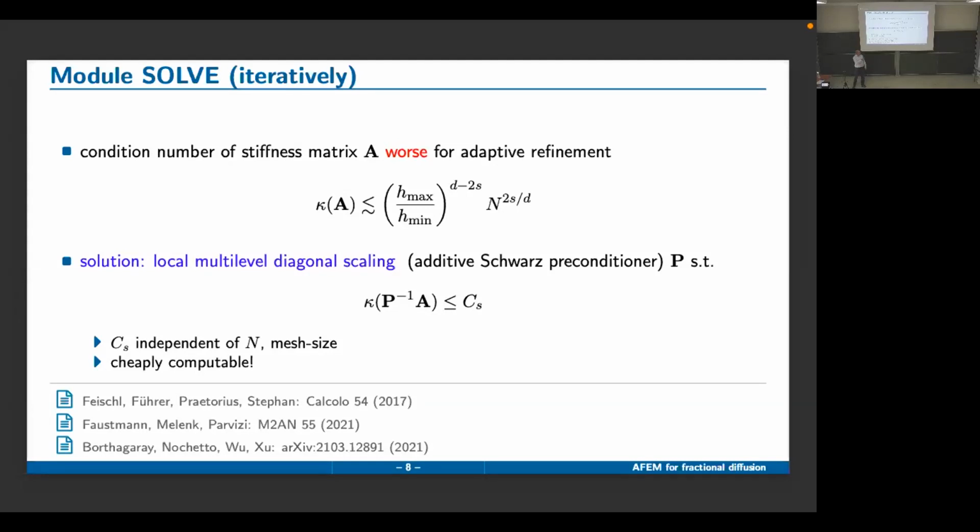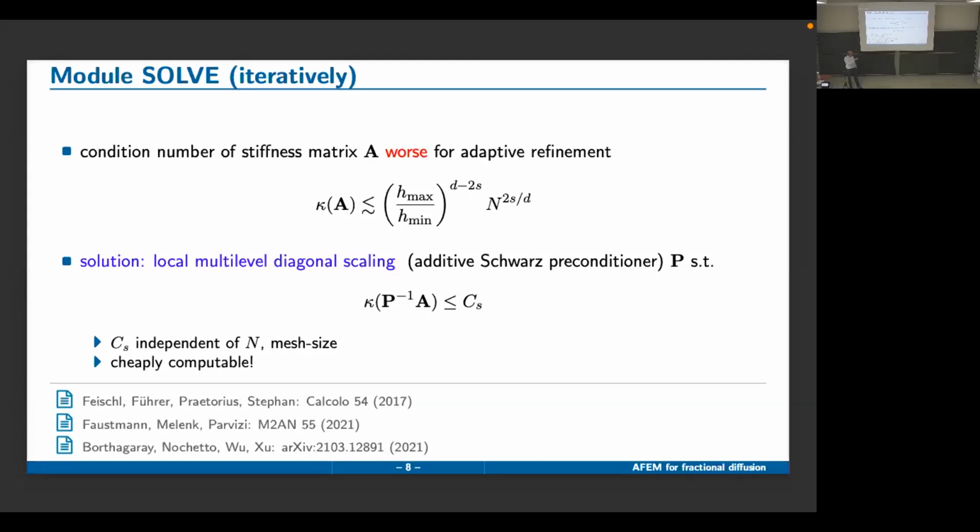And we showed for the fractional Laplacian that if you do this additive Schwarz preconditioner, you can bound the condition number of the preconditioned system by a constant, which might depend on this fractional power, but not on any crucial thing of the problem like mesh width or degrees of freedom. So you get a bounded condition number. In this sense, you can solve iteratively with our preconditioner very well, and this preconditioner can be cheaply computed. So the module solve is essentially solved.